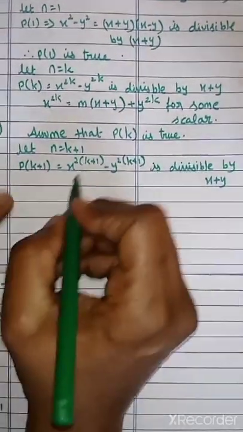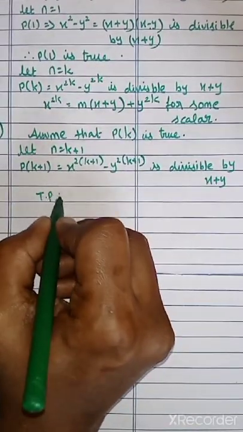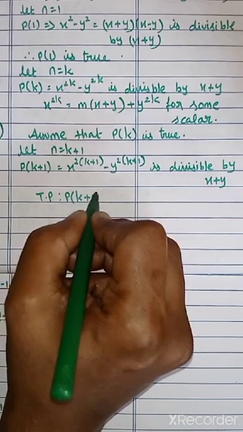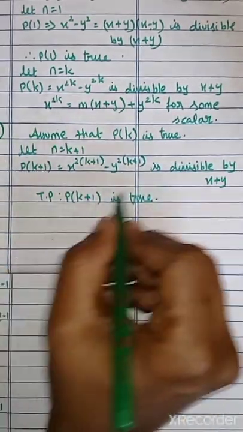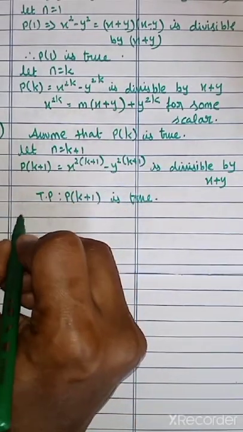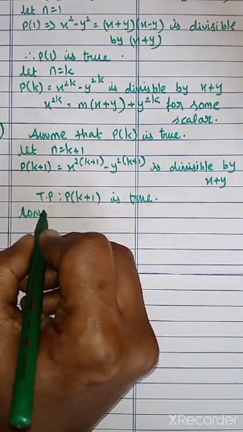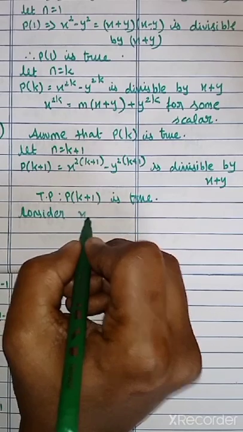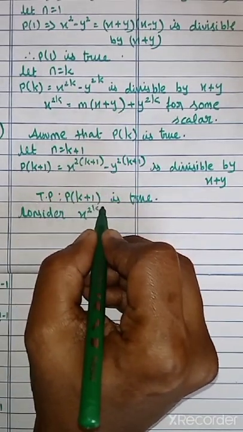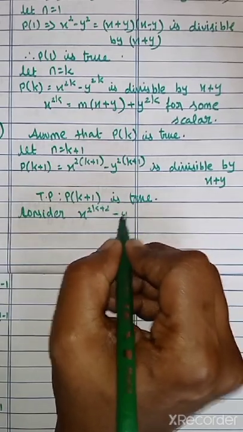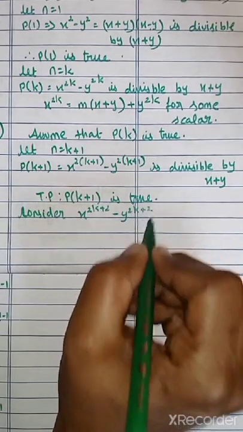And we want to prove that P of k plus 1 is true. Okay, so first we can consider this term. Consider x power 2k plus 2 minus y power 2k plus 2.